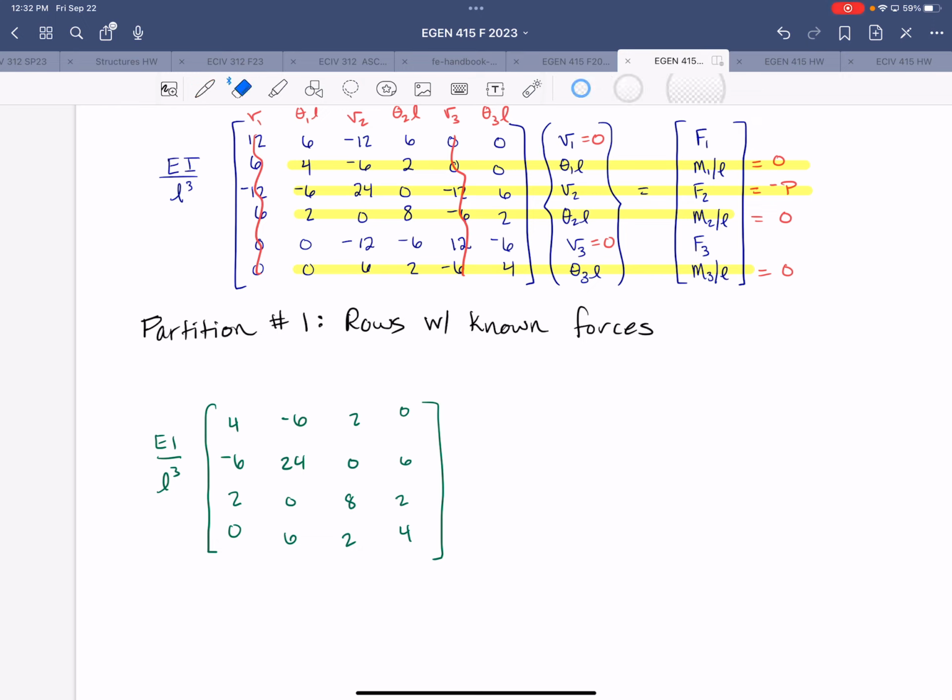Bringing the labels back. We have theta 1L, V2, theta 2L, and V3. And those are the displacements that go in our displacement vector as well.